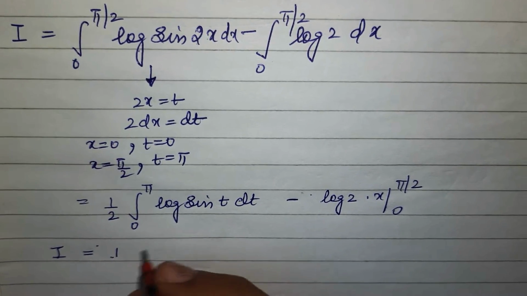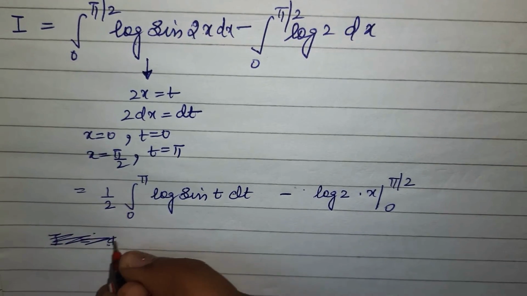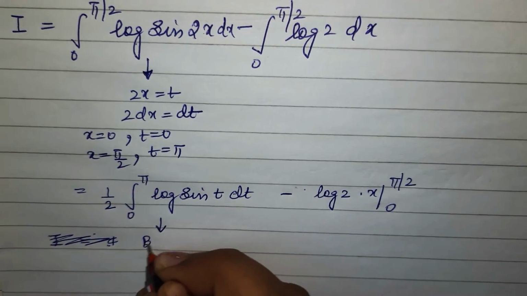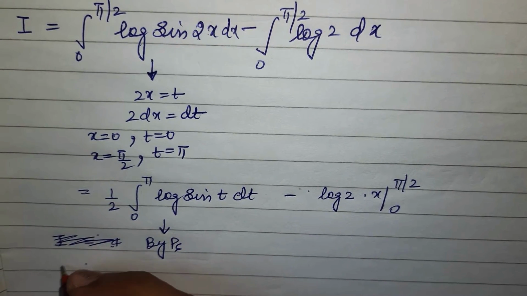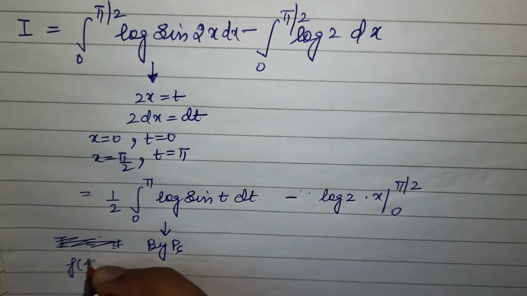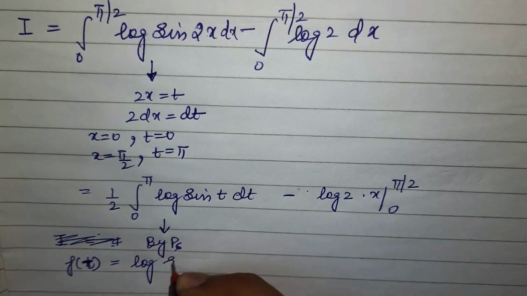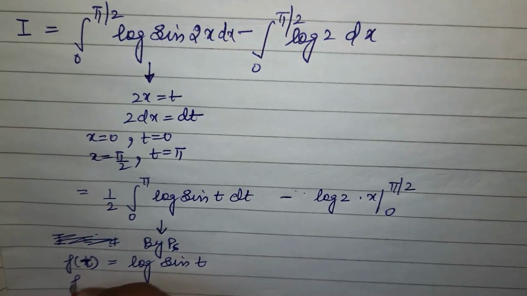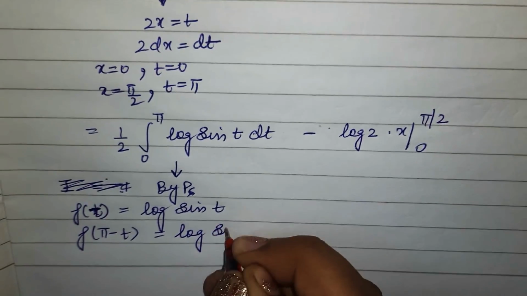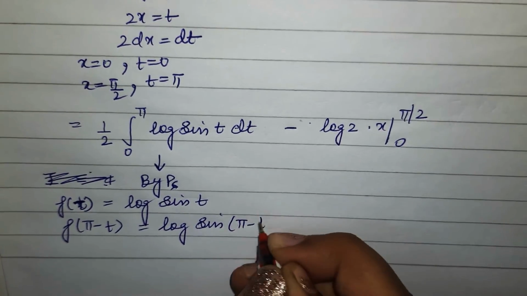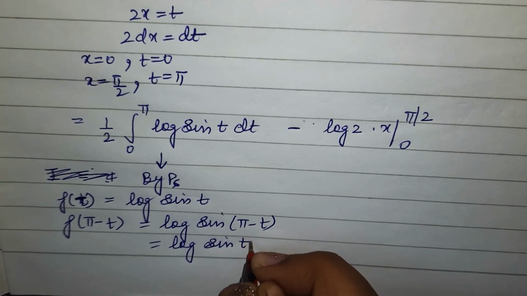Now here we can apply property number 6. By P6, what I want to say is, f of t is log of sin t, and f of pi minus t is log of sin pi minus t, so I am getting log of sin t.